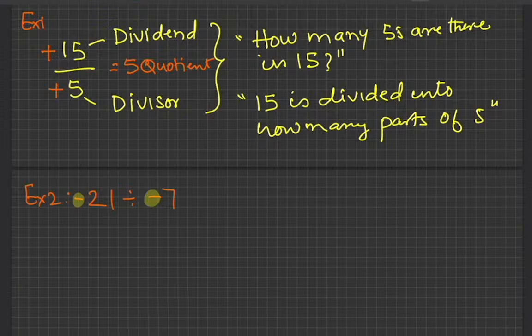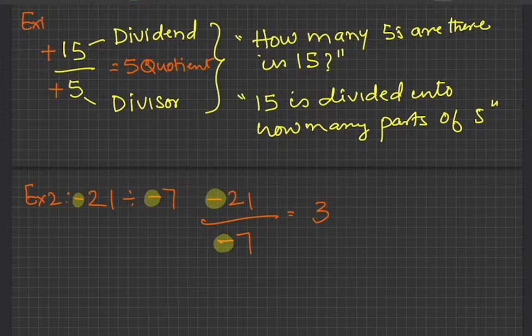So my quotient will always be a positive one. And how many negative 7s are there in negative 21? It will be 3. So it will be a positive 3. So here both the numbers are negative, and you pretend that both numbers are positive.